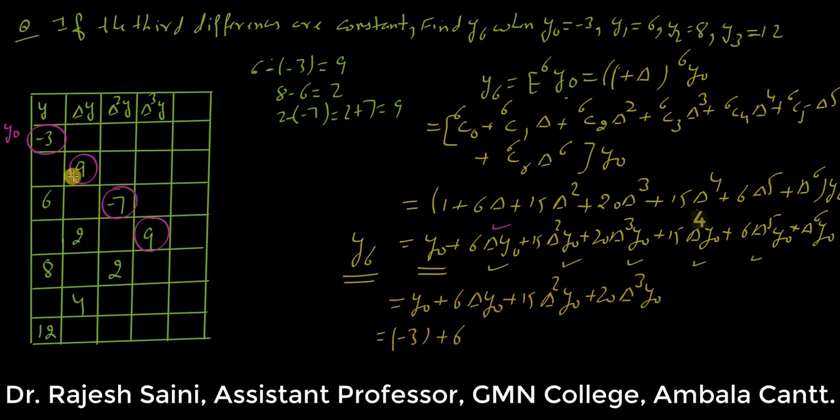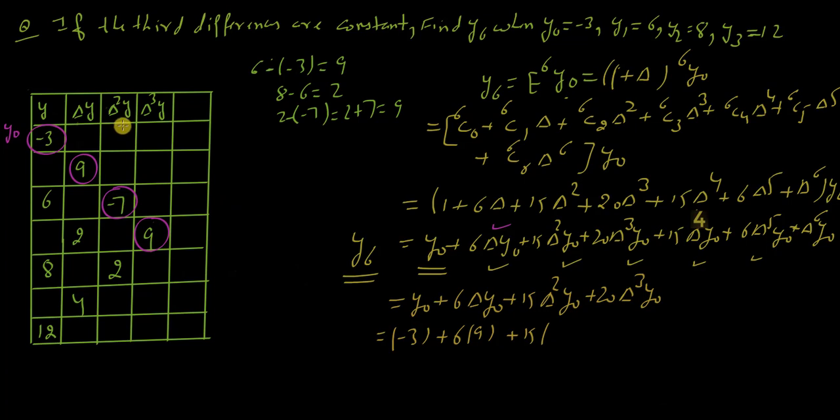What is delta y0? It is 9. And what is delta square y0? Minus 7. Plus 20 times delta cube y0, which is 9.